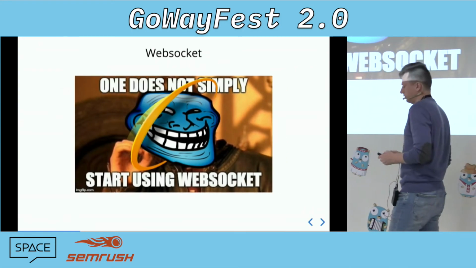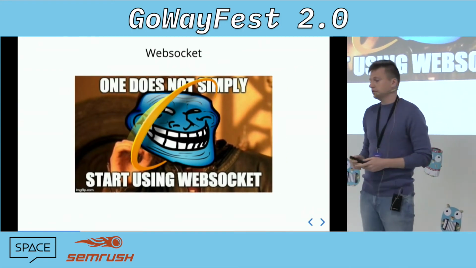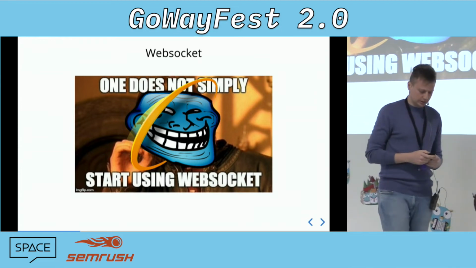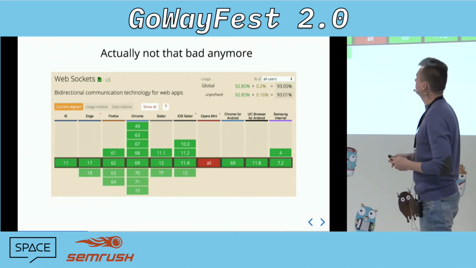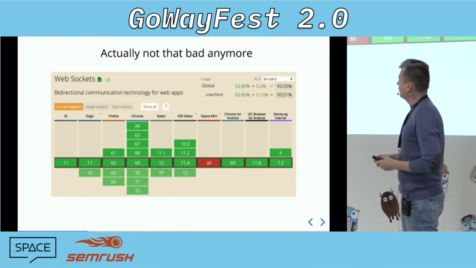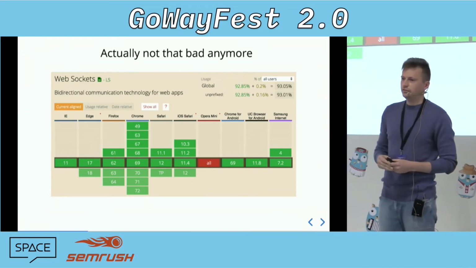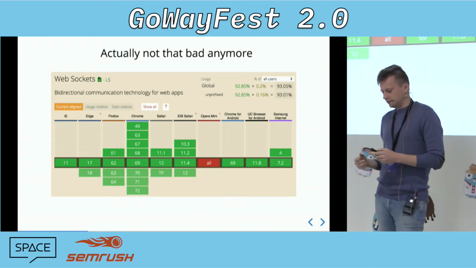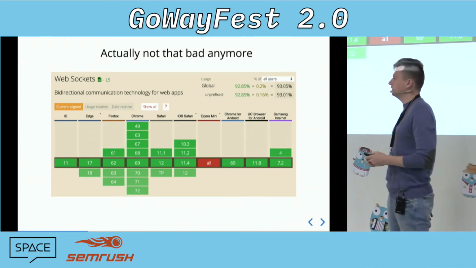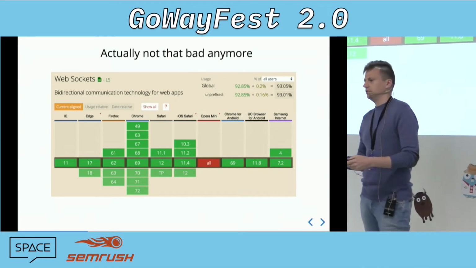We remember the days when it was hard to use WebSockets in browsers. But today, the picture is much better. According to caniuse.com, 93% of users already have browsers with WebSocket support, but there are still cases when there is no support for WebSocket on the user's computer.